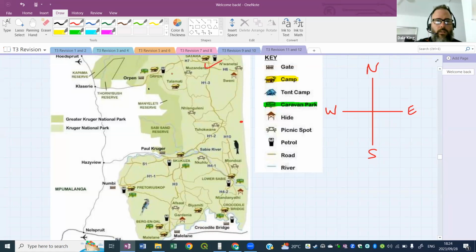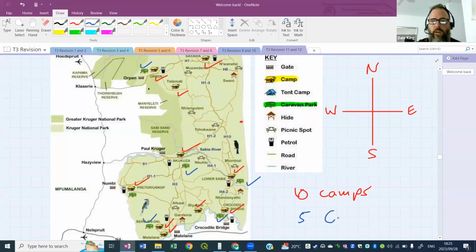We got 1, 2, 3, 4, 5, 6, 7, 8, 9. I count 10 camps. And we've got 1, 2, 3, 4, 5. I count 5 caravan parks.